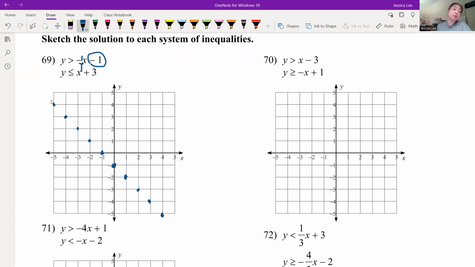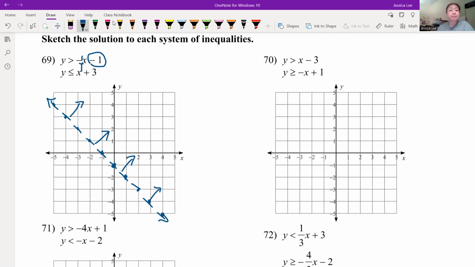It has no equal to sign, so we know for sure that it is a dashed line. I like to say dotted line, but you know, that's actually not a dotted line, it's a dashed line. Okay, again, going all the way across. And this time, instead of actually shading, I'm going to just draw arrows. So it says y is greater than the line that we just drew. So we know we're shading on this side.